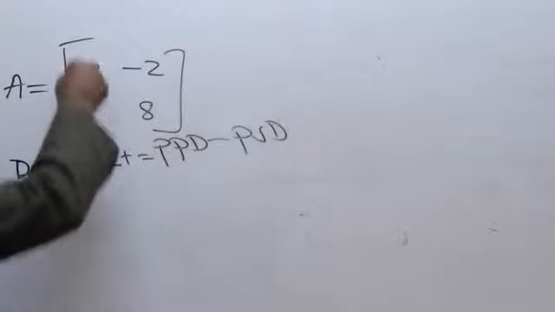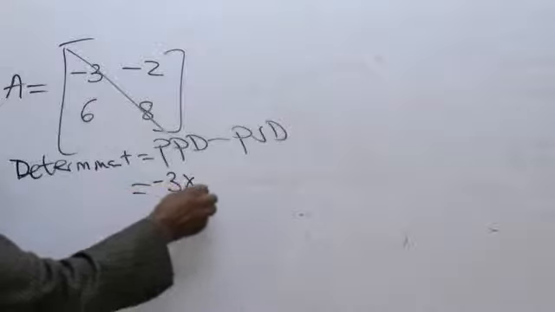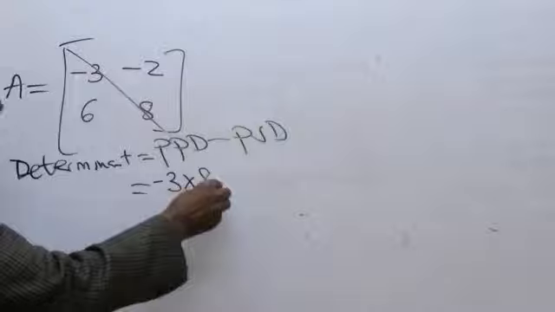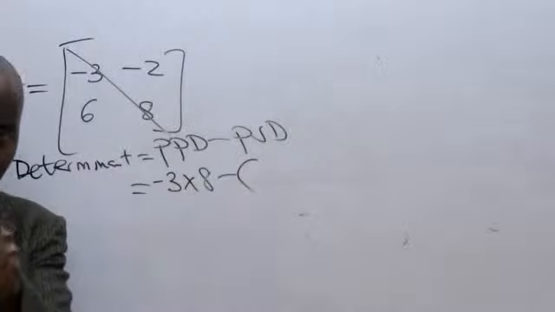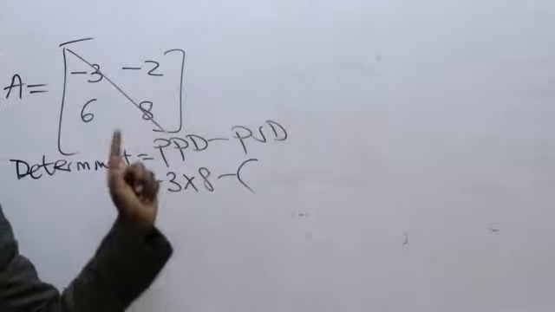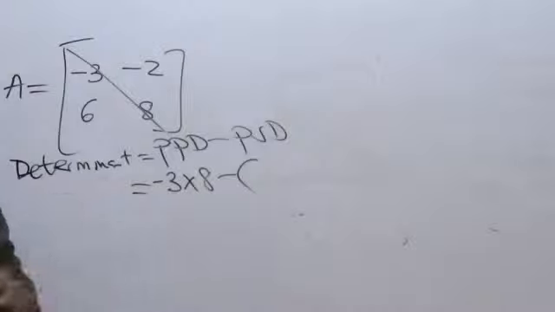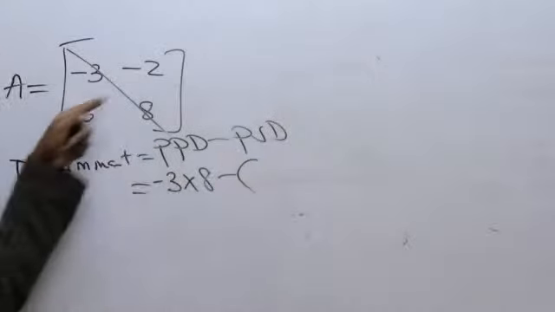So the primary diagonal moves like this. The primary diagonal is -3 times 8, and then minus the secondary diagonal. Many students get it wrong here because they forget putting the secondary elements in brackets. So we have open brackets for the secondary.